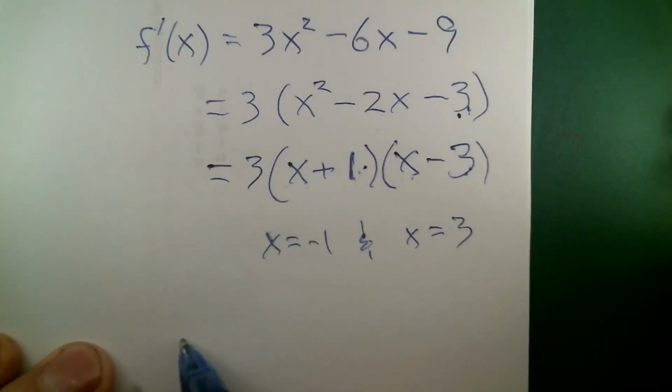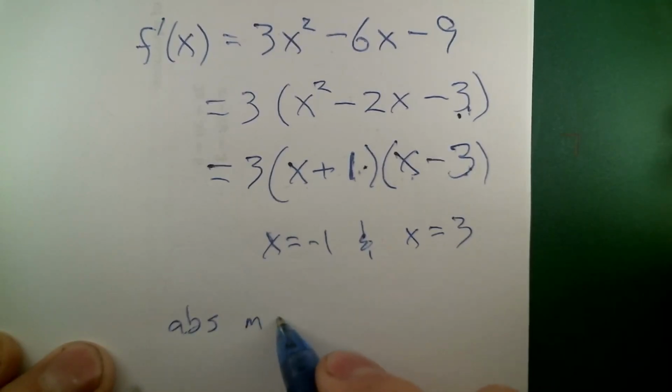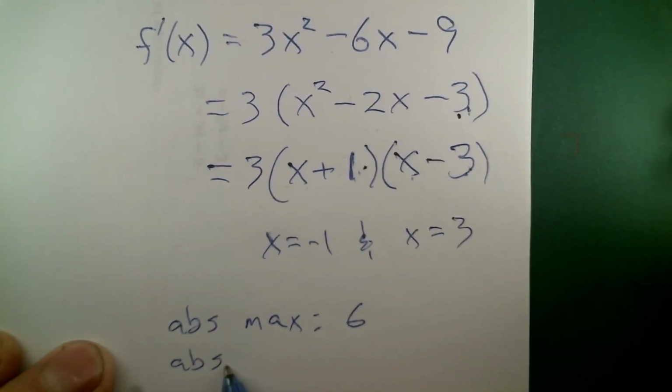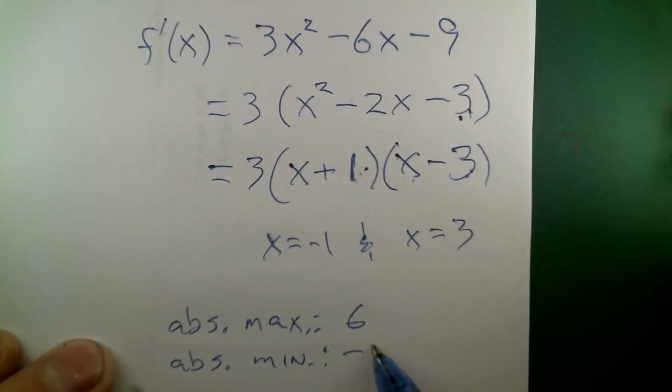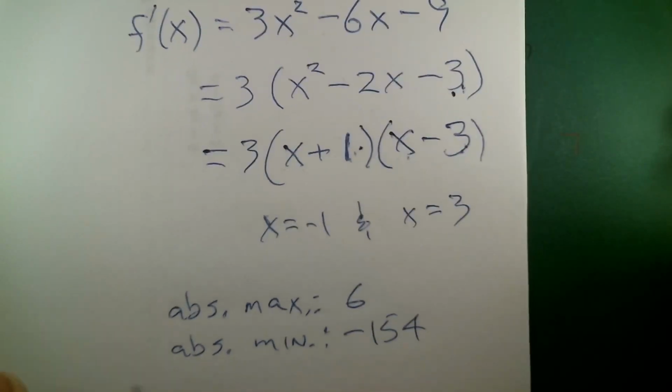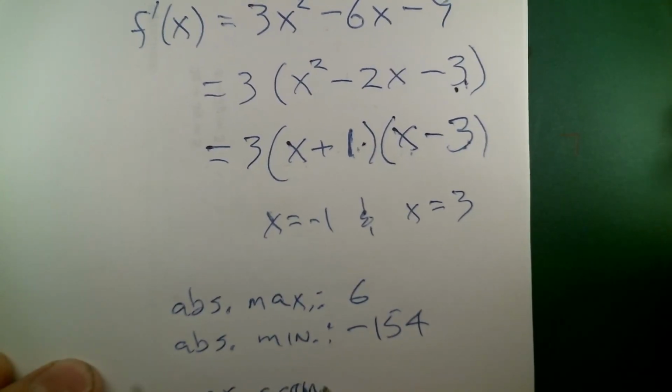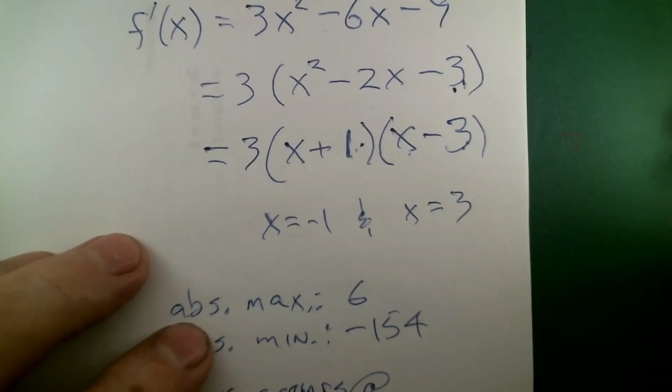We should just say, filling out everything, the absolute max was 6. The absolute min was negative 154. Max occurs at, well, it was two different places.